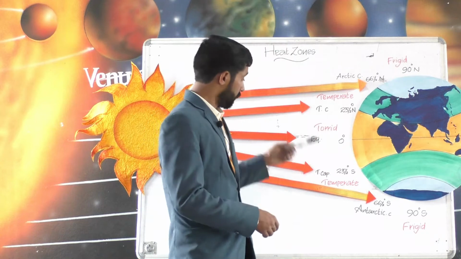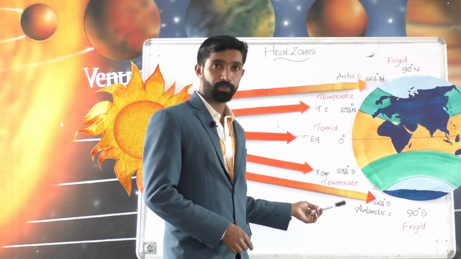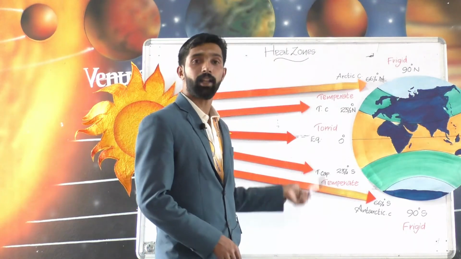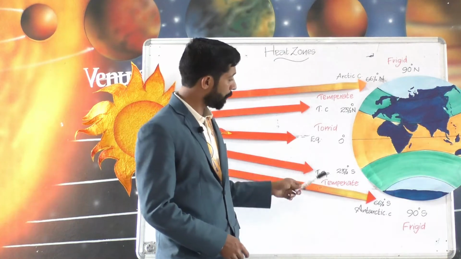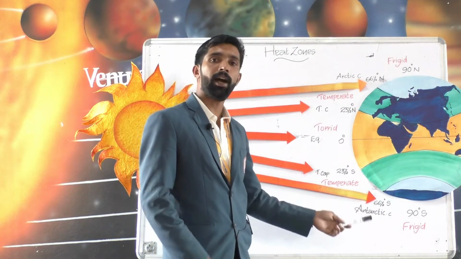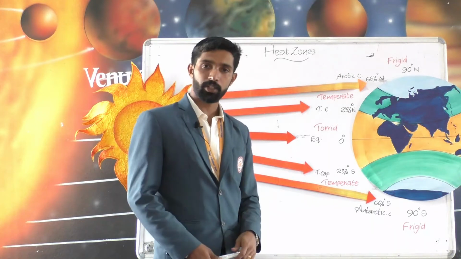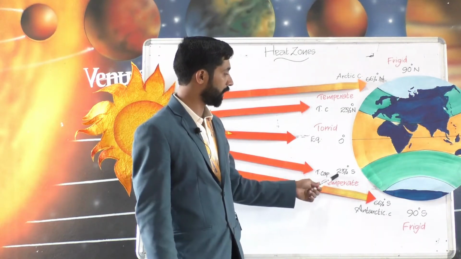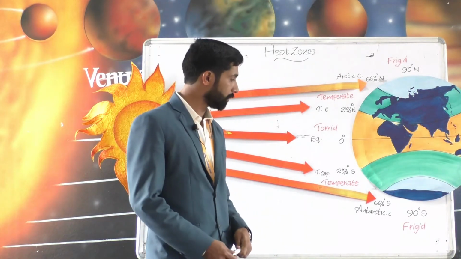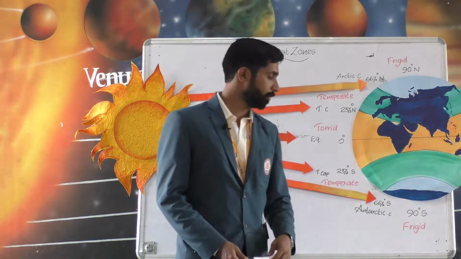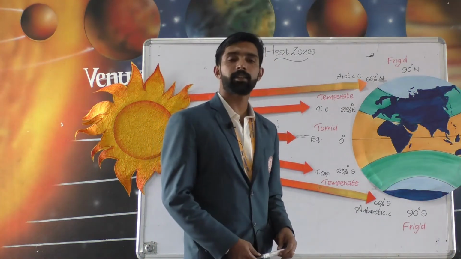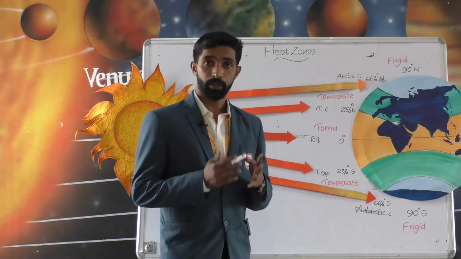While the south temperate zone lies between the Tropic of Capricorn, 23.5 degrees south, and the Antarctic Circle, 66.5 degree south.